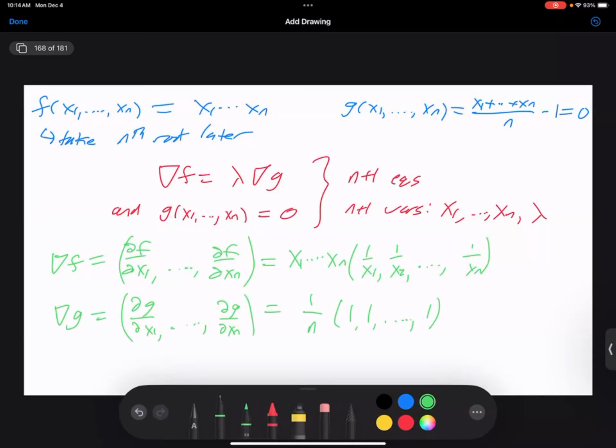So if you look at this, what does this suggest the answer is? We want the gradient of f to be equal to some multiple of the gradient of g. Can you look at this and tell me what the x's are?